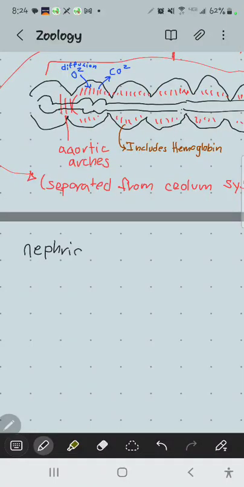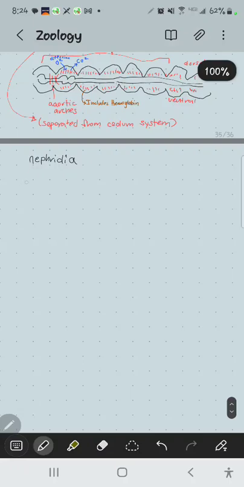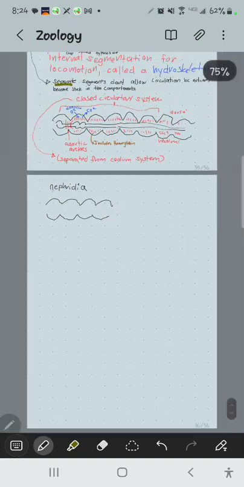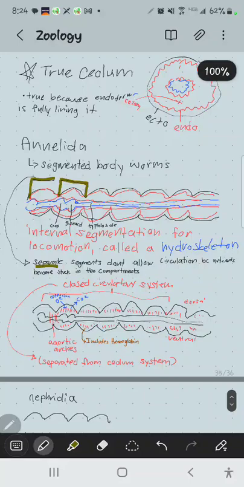To do that, I'm going to draw yet another worm here. I'll do a shorter version though, to show the nephridia, because these are getting complicated with all the stuff going on inside. We never knew worms were so complicated. Okay, so here we have an abbreviated, shortened version of an earthworm.